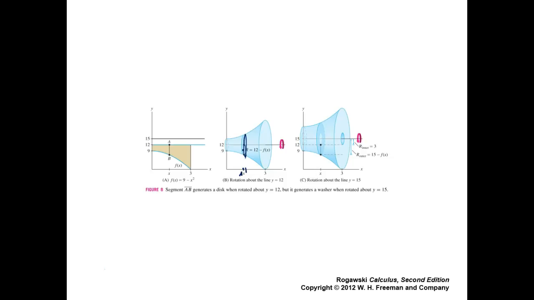It's 12 minus this entity here. 12 minus 9 would be 3. It's a minus x squared. Yeah, plus x squared. So 3 plus x squared is going to be the radius of this thing. Okay? And that's just a disk.